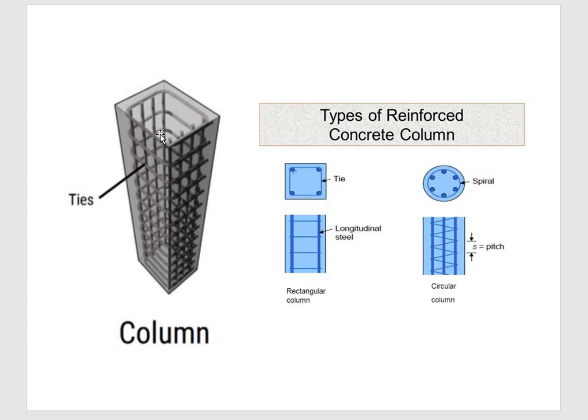If we cut this and see the cross section, it is something like this. So for a rectangle it's a minimum of 4, and if it is a circular column, it will be 6 numbers of main bars. So that is how the minimum reinforcements are provided for the different structural elements. Okay, thank you so much.